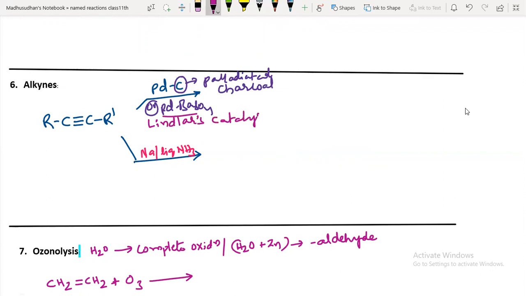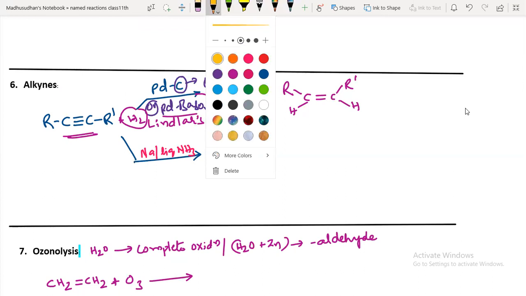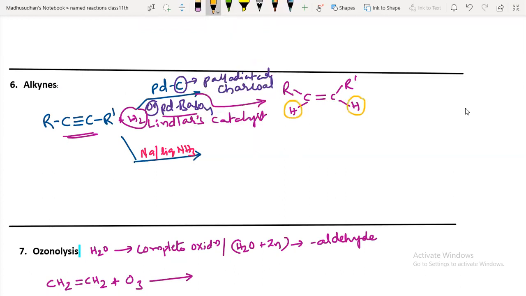So when alkynes react with palladium barium sulfate, with addition of hydrogens to these alkynes, you will get cis alkenes. Both the alkyl groups are on the same side. Hydrogen, hydrogen are also on the same side. So what you can expect here, both the hydrogens are on the same side, right? So it is a cis alkene.